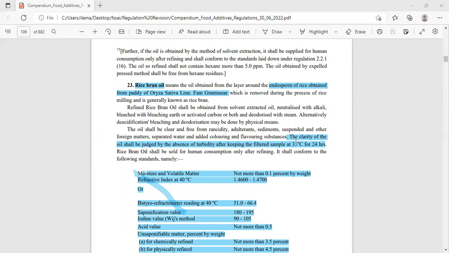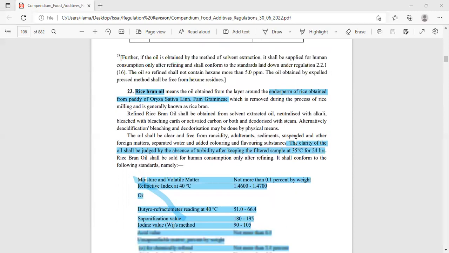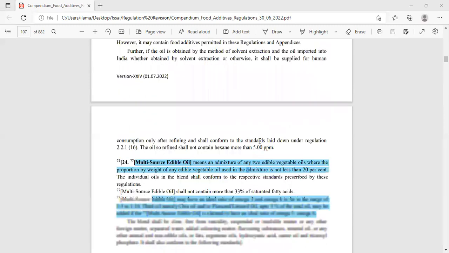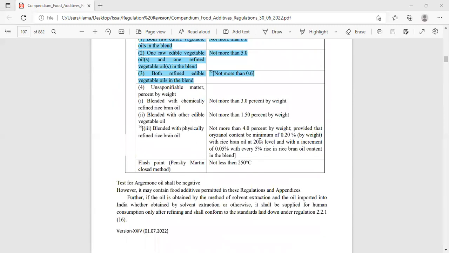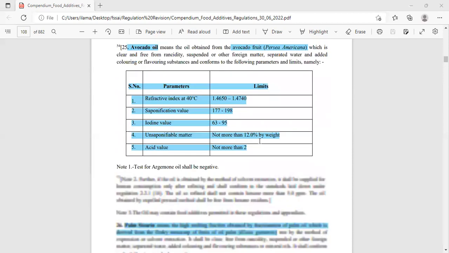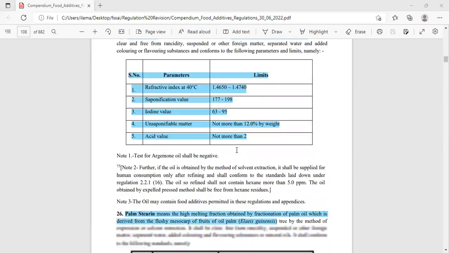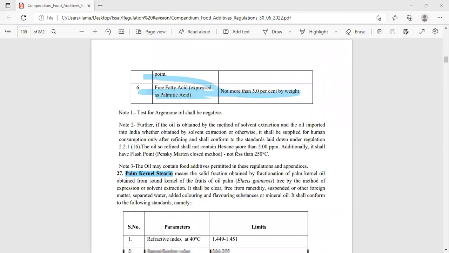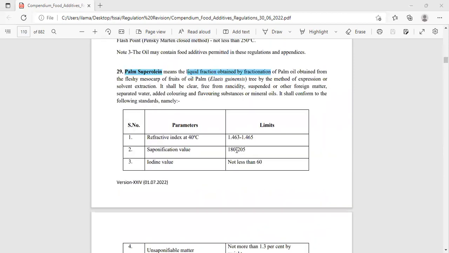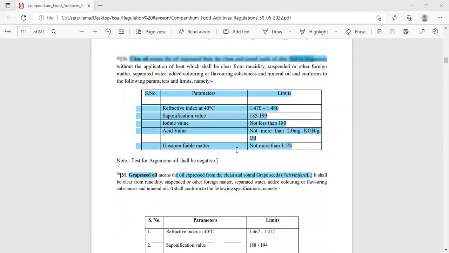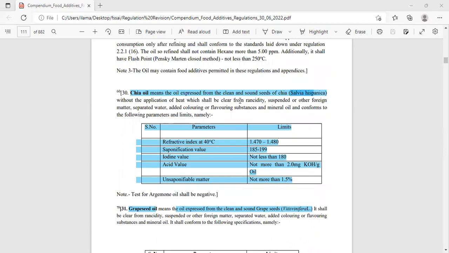In a few oils only is this turbidity point mentioned, so you can also go through it. One is rice bran oil, and check for another one. Then avocado oil, we also have avocado oil. Then chia oil, from chia seeds also we get oil, chia oil.